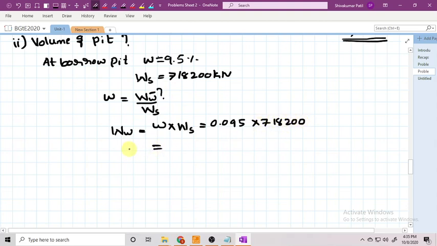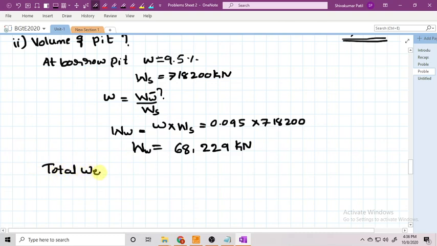The weight of water comes to 68,229 kilonewton.